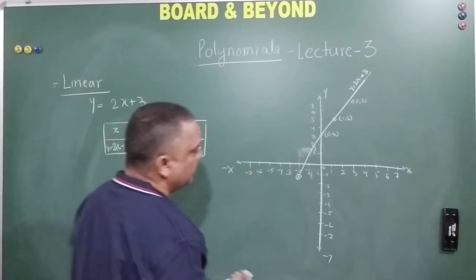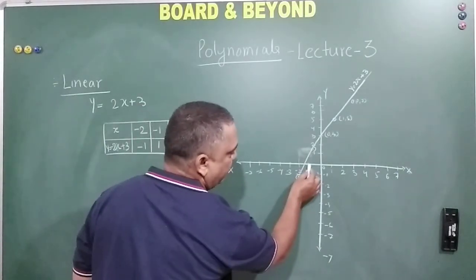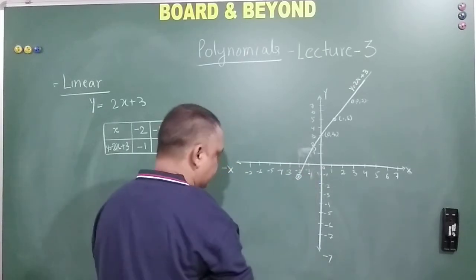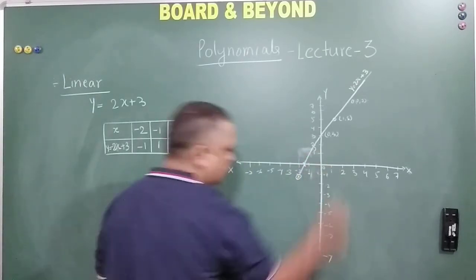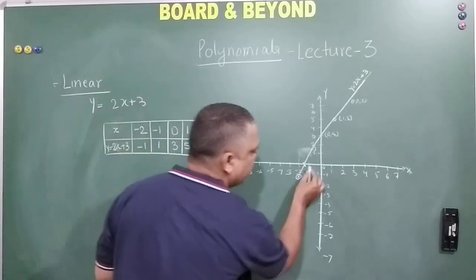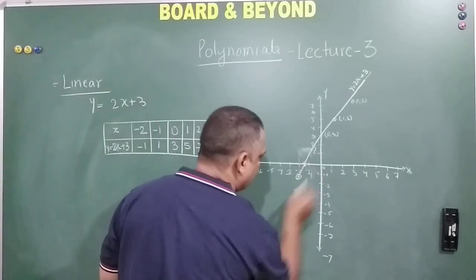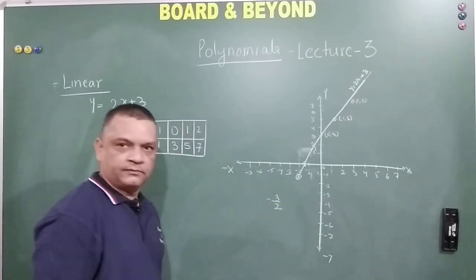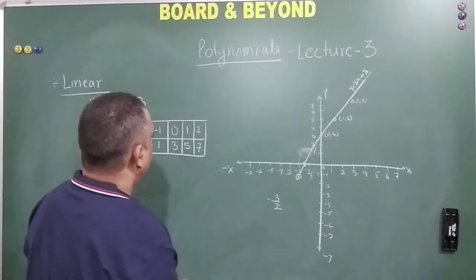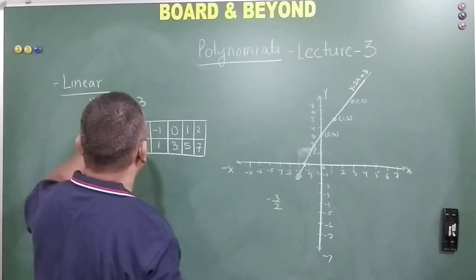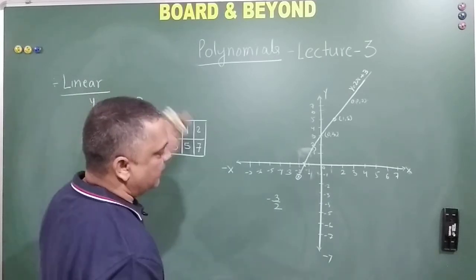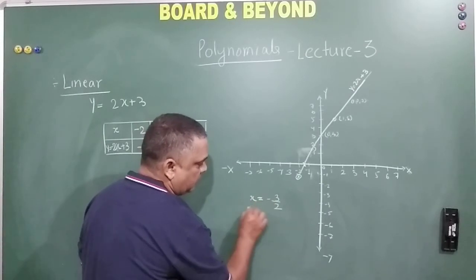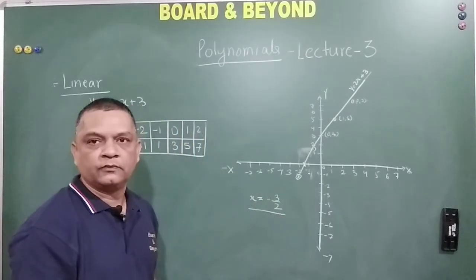Now you see, this has actually met the x-axis at this point, which is in between minus 1 and minus 2. So let us say that is minus 3 by 2 or minus 1.5. So the solution for this polynomial as per the graph is x is equal to minus 3 by 2.